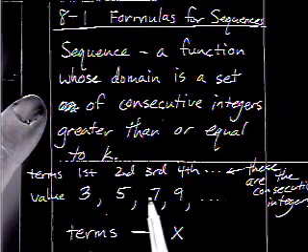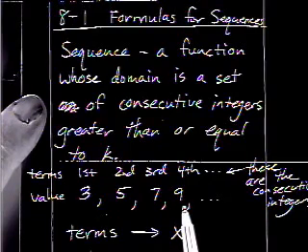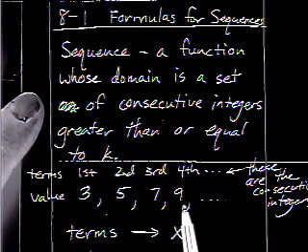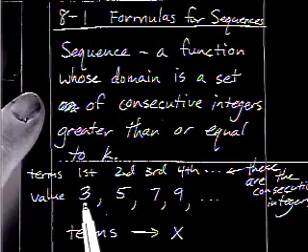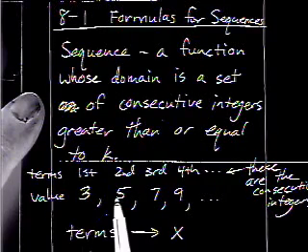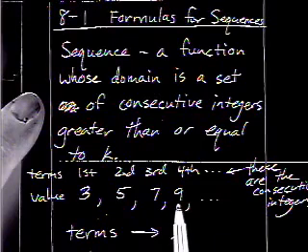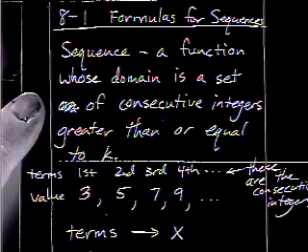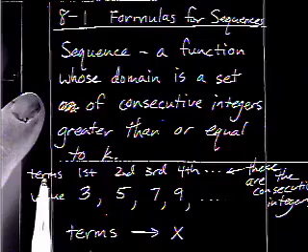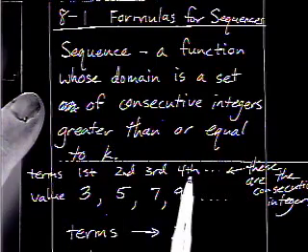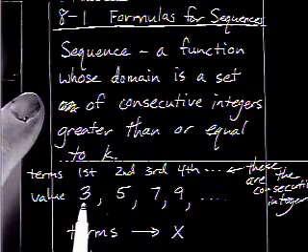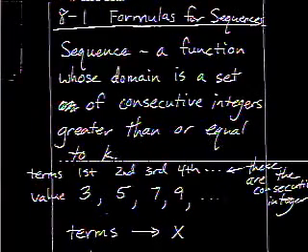So, for instance, 3, 5, 7, 9, that's a list of numbers. We can talk about this one being the first term, this one being the second term, the third term, fourth term, and so on. So in other words, the term is the order that it goes in. The value is the actual number in the sequence.